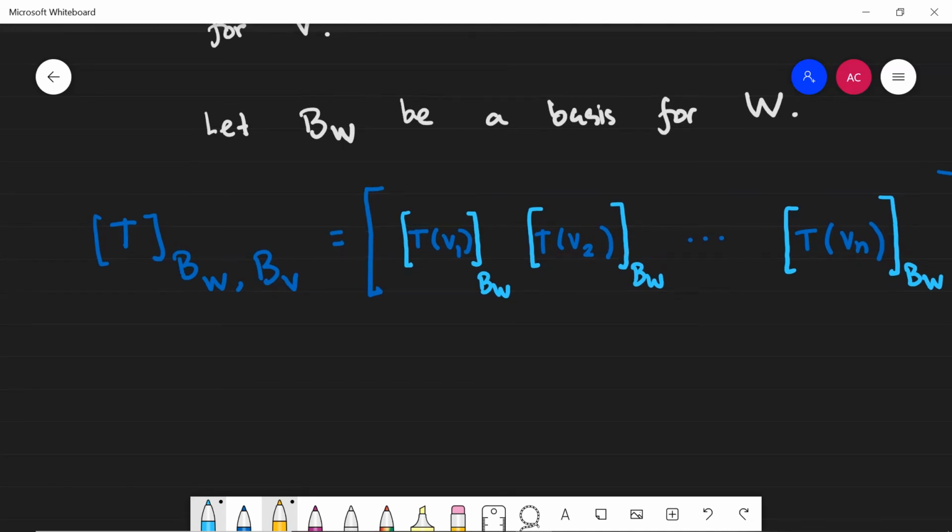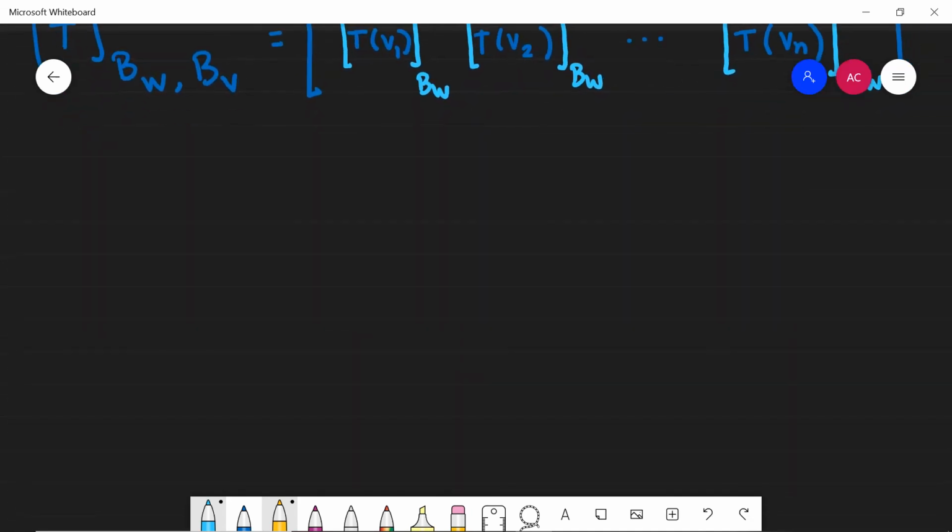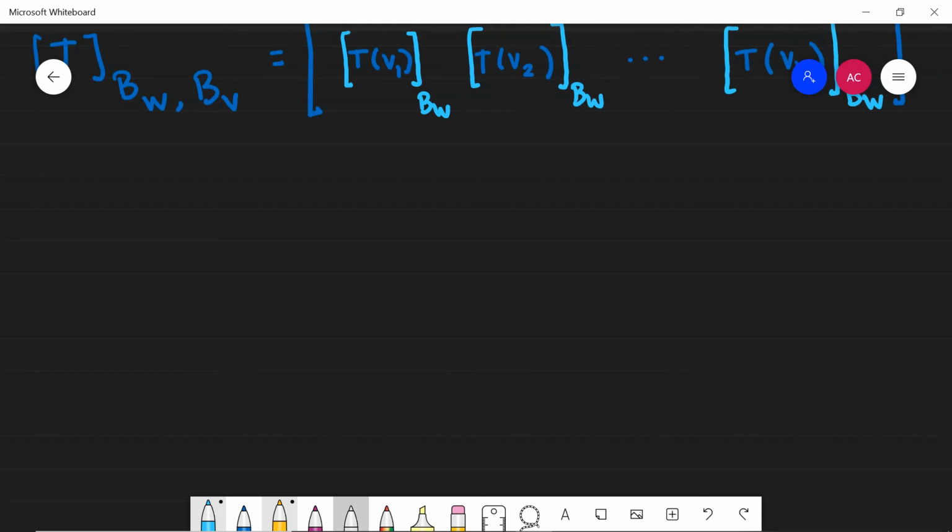So it turns out that this is the matrix representation of T with respect to these choices for my bases. And what it means is that this diagram commutes. So we have commutativity of the diagram. We have my linear mapping from V to W. This is what we call T. But I have vertical arrows here, precisely given by what we talked about in our review.